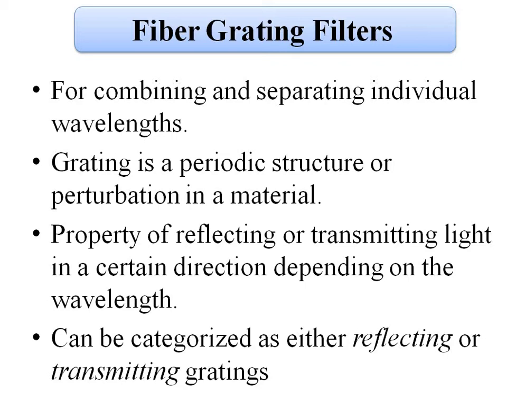This variation in the material has the property of reflecting or transmitting light in a certain direction depending on the wavelength. Thus, gratings can be categorized as either reflecting or transmitting gratings.